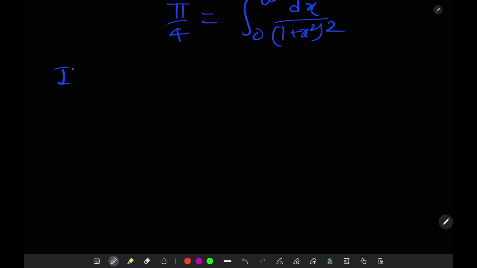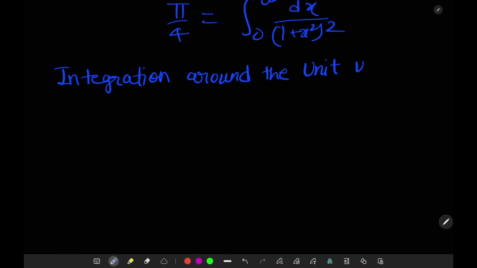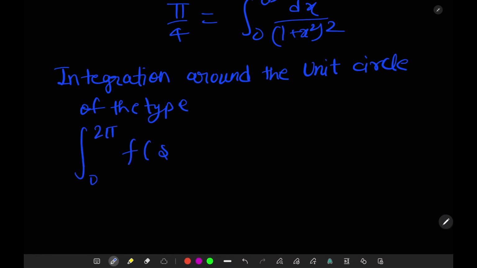Now another topic is integration around the unit circle, of type integral from 0 to pi of f of sine theta, cos theta d theta.